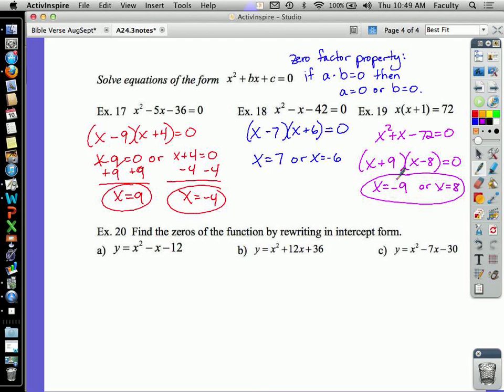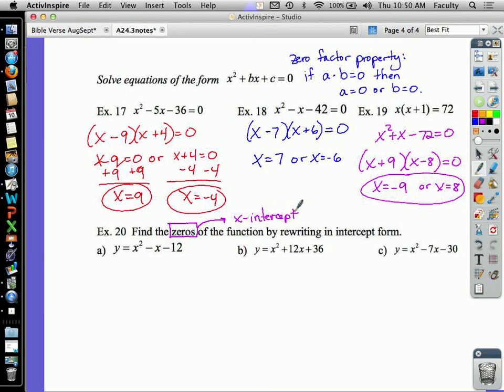Good. All right, now, in example 20, it says find the zeros of the function by rewriting in intercept form. Intercept form is another way to ask you to factor, okay? And something I need to point out to you is zeros are the x-intercept of a graph.